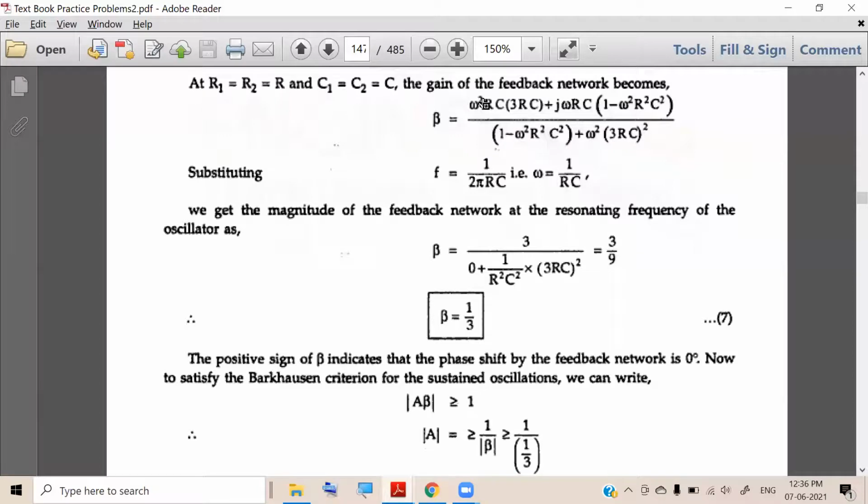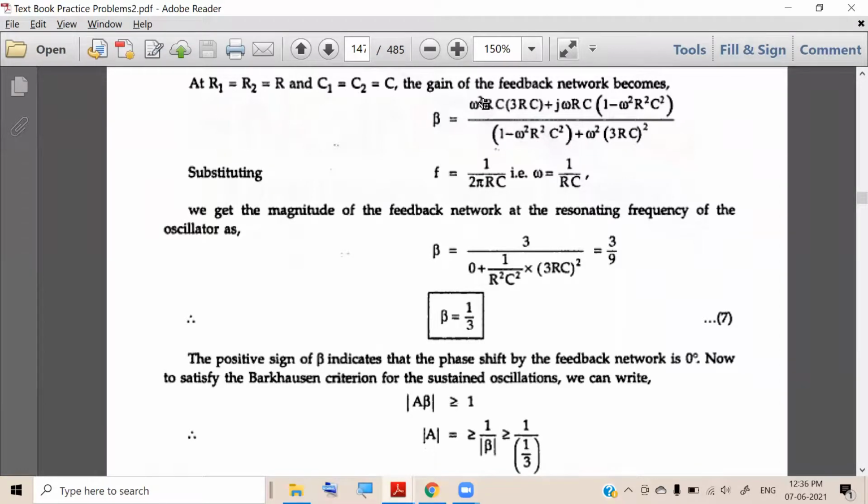If we simplify, we will get the beta if R1 and R2 are not equal and C1 and C2 are not equal. For this we already discussed that omega square is 1 by R1, R2, C1, C2.